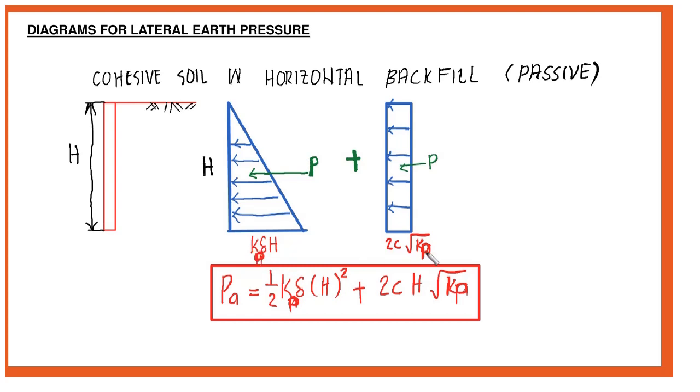K sub P, K sub P. So, that is the effect of our cohesive soil. Meron na kasi tayong value ng C. This is for the passive. You have to add. And then, you have to draw yung ating resultant na drawing din dito. So, that is the diagram for the pressure distribution.